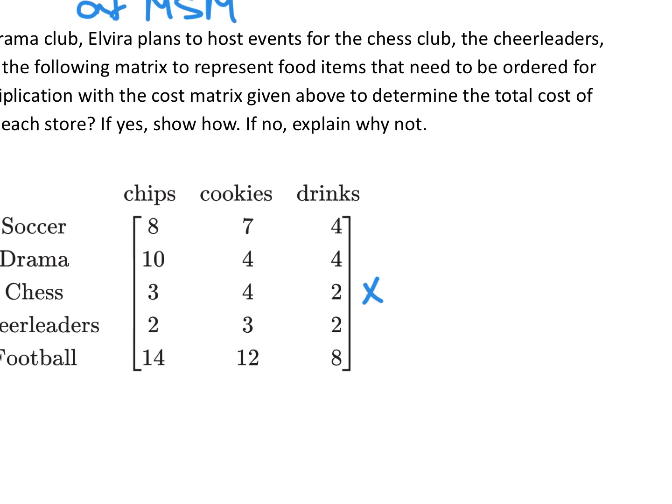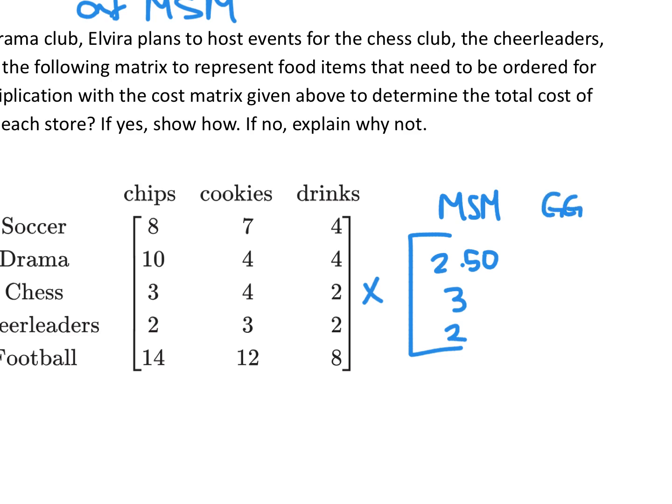So let's add that in here. $2.50 at Main Street Market. That's for chips. $3 for cookies and $2 for drinks. And then at Grandpa's Grocery, it was $2 for chips, $4 for cookies, and $1.50 for drinks. So can we do this?